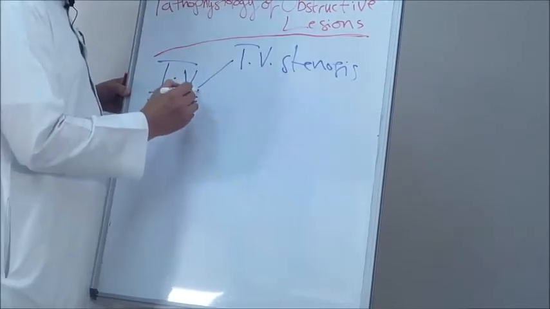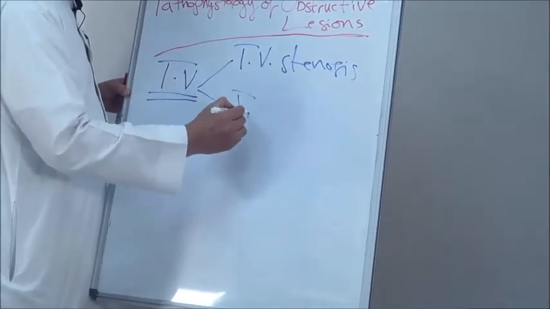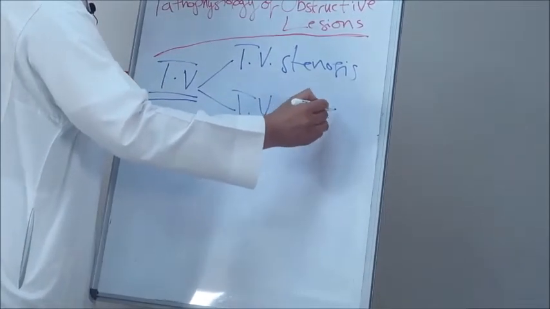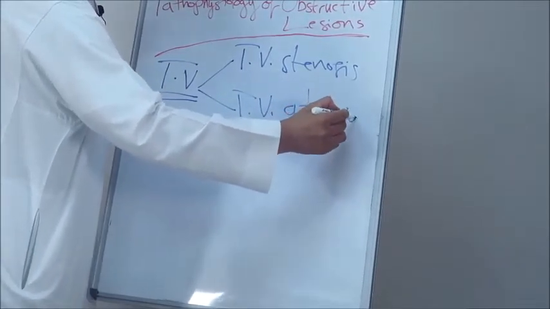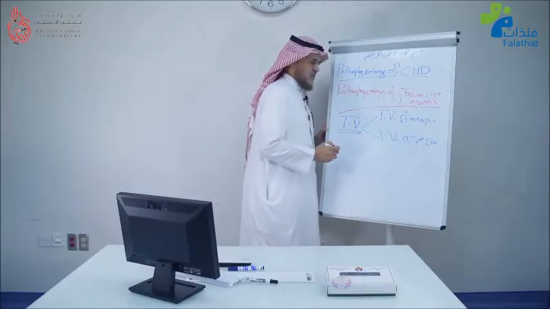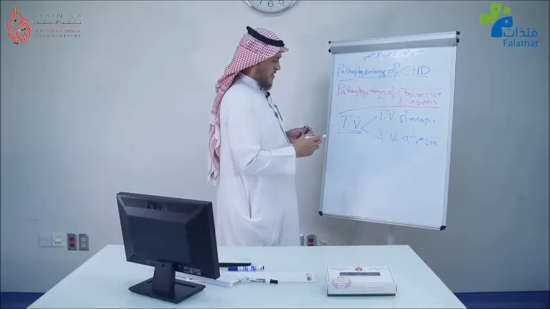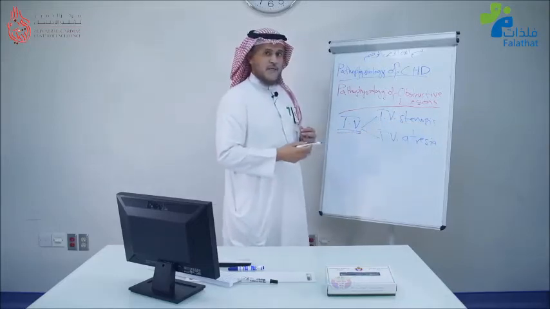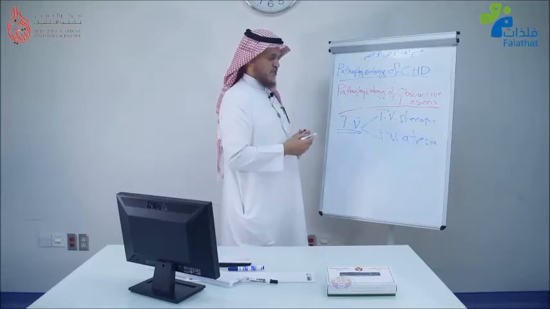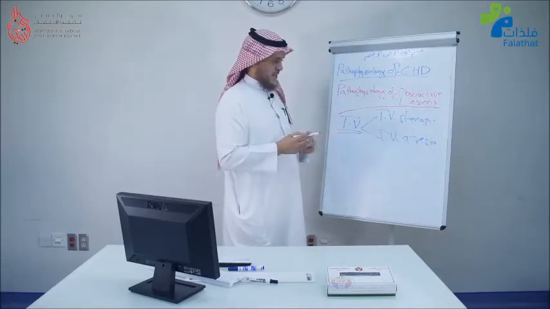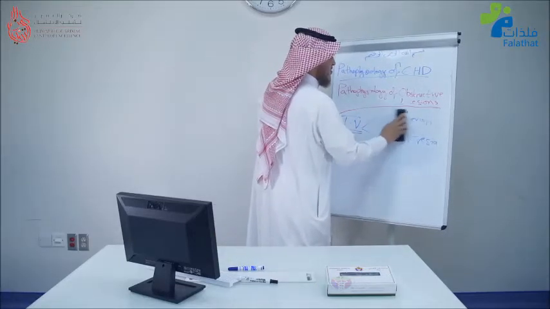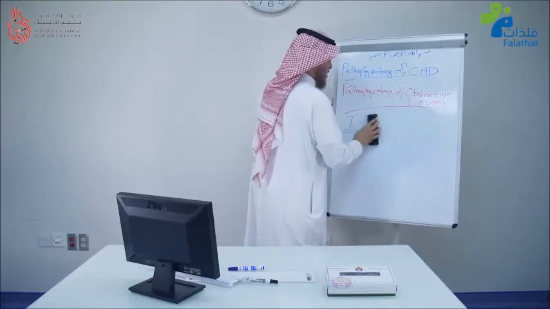It could be tricuspid valve atresia, which is a completely obstructed or completely occluded tricuspid valve. I will concentrate mainly on tricuspid valve stenosis, as tricuspid valve atresia is part of the cyanotic congenital heart disease, and it's a different, more complex lesion. So let's talk now about tricuspid valve stenosis.